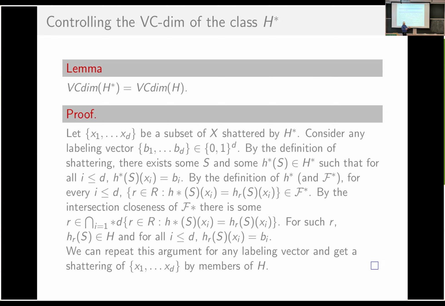So the intersection of all of them is a big set. I use the fact that big sets are not empty. Then I have a function from my original H that does this 0, 1 behavior. Therefore, the set is already shattered by the original H. So we prove that it does not increase the VC dimension.